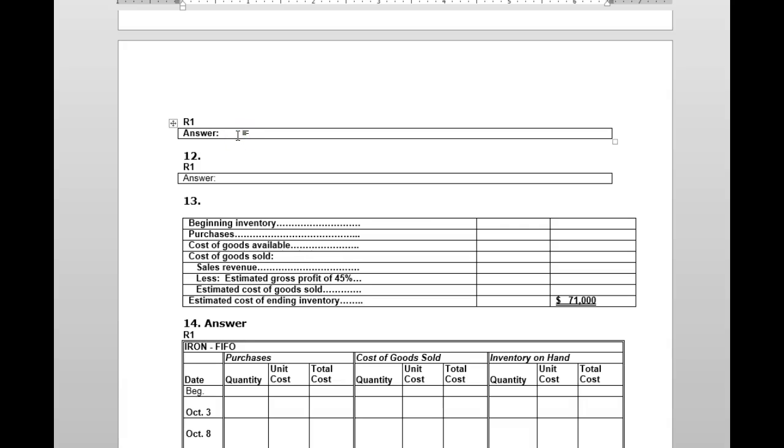Write out, okay, here's my beginning inventory, right? Plus what I buy, my purchases. And that gives me my goods available. Correct? So now I have goods available.